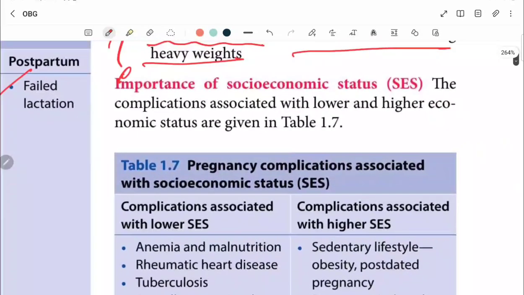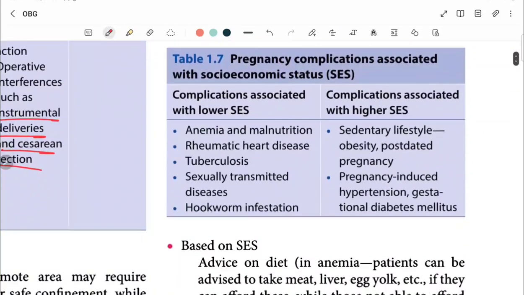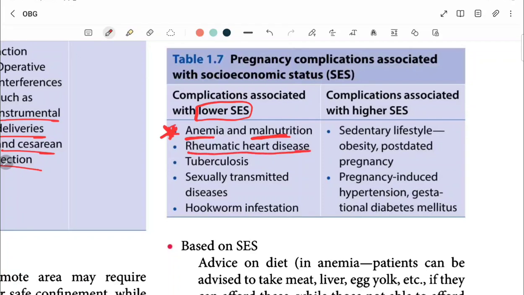So next, moving on to the importance of socio-economic status. The complications associated with the lower and higher economic status are given here. Complications associated with the lower socio-economic status are anemia and malnutrition. These two are very important complications. Also rheumatic heart disease, tuberculosis, sexually transmitted disease and hookworm infestation.